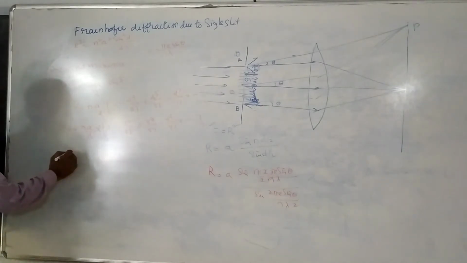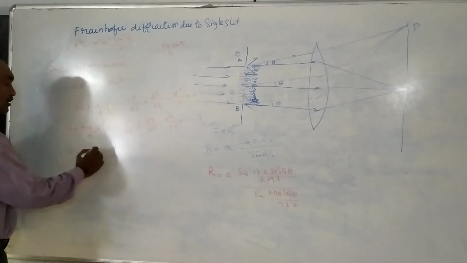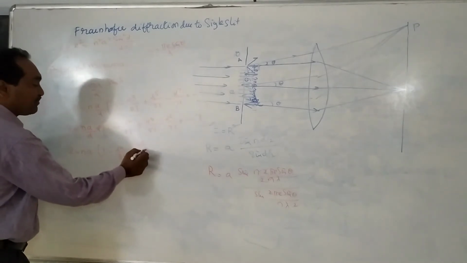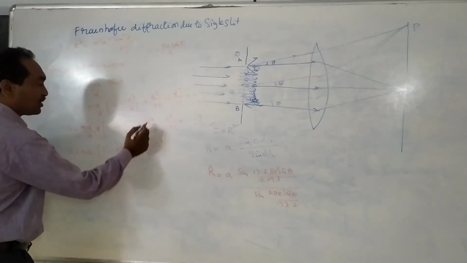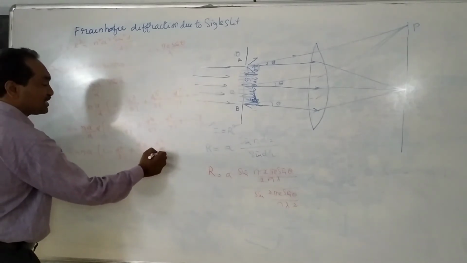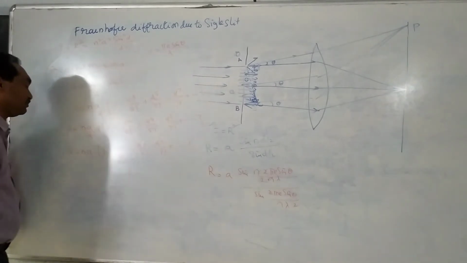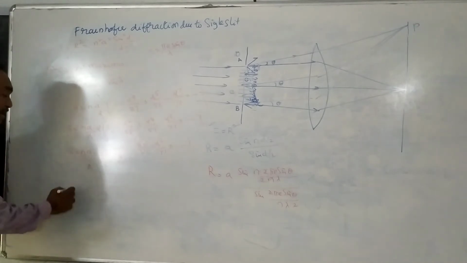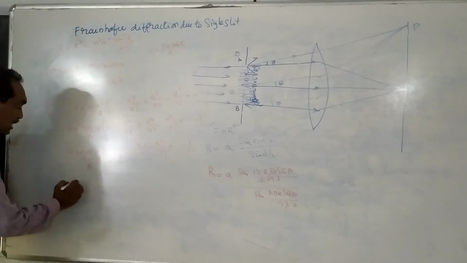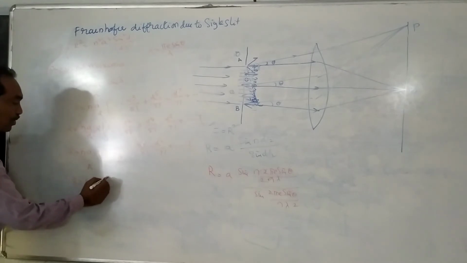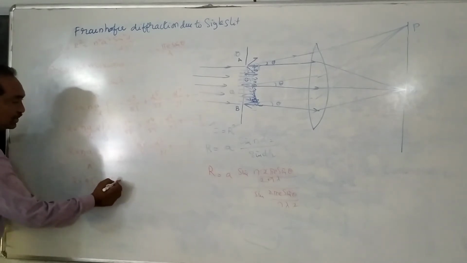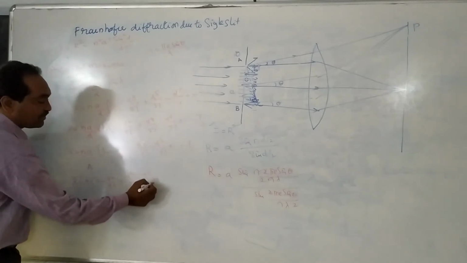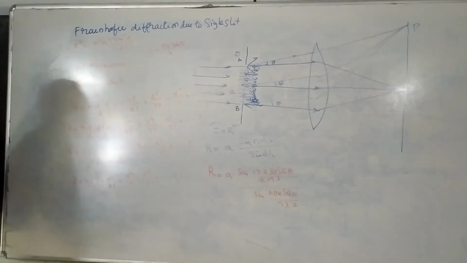So R is equal to n A into 1 minus alpha square by 3 factorial plus alpha to the power 4 by 5 factorial minus alpha to the power 6 by 7 factorial and so on. If nA is taken as capital A, the resultant amplitude due to the n waves, then R is equal to A into the same series.